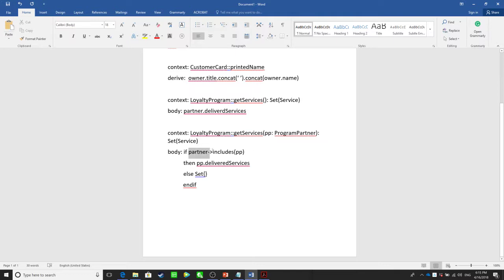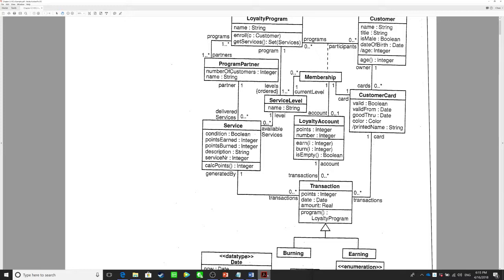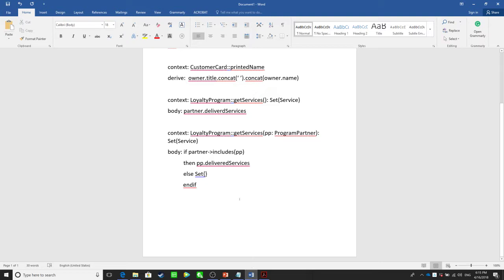If the partners include, say, Delta, then we return Delta dot delivered service. Delta is the program partner, right? Let's go back to the class diagram. Program partner dot delivered service is a service. So all the services are provided only by one of the program partners.